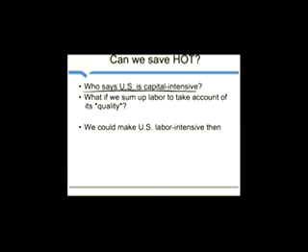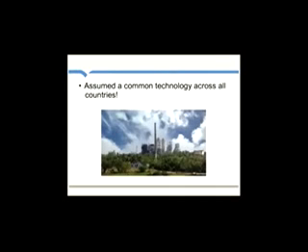So once we allow for different technologies, and once we allow for the fact that labor may be more effective in some countries than others, well, there exist measures that make the U.S. labor-intensive rather than capital-intensive, and then the Leontief paradox would go away, because we would be measuring the U.S. as labor-intensive and finding that U.S. exports are also labor-intensive.